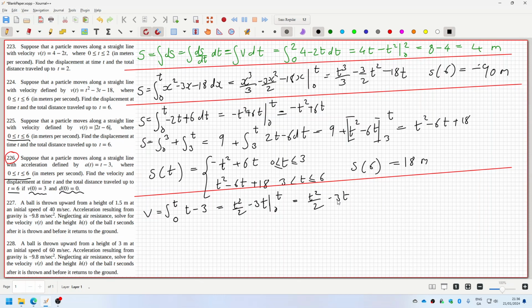dv/dt. V0 is supposed to be 3 though. So I really need a plus 3 in here.